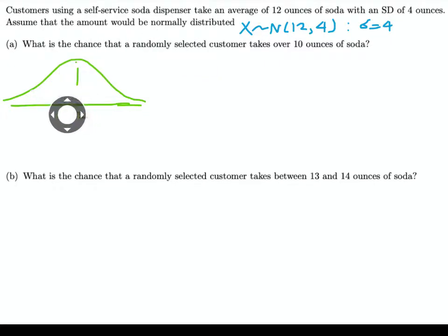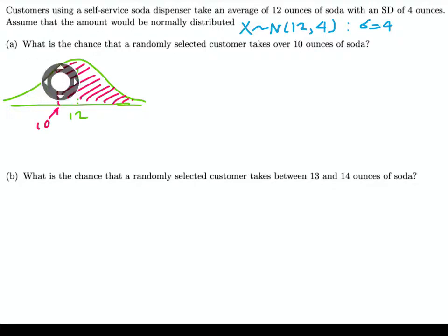So 10 should be less than 12, maybe over here. So what is the chance? Chance means the probability or area under the curve and right of 10. So this is the area.